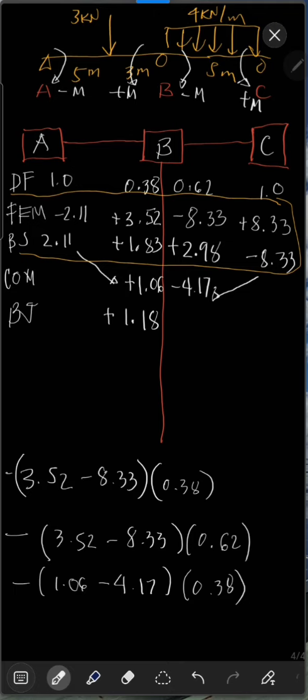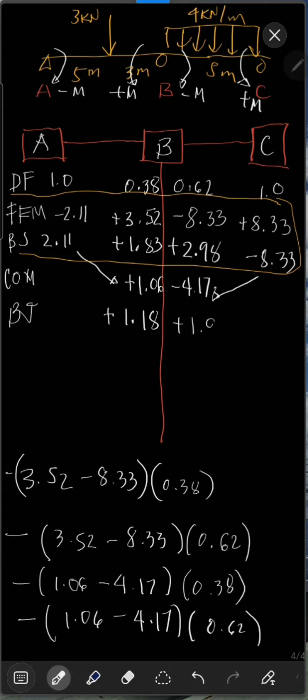And then next is the negative of the sum of 1.06 and negative 4.17 multiplied by distribution factor 0.62. So we have a value of positive 1.93.